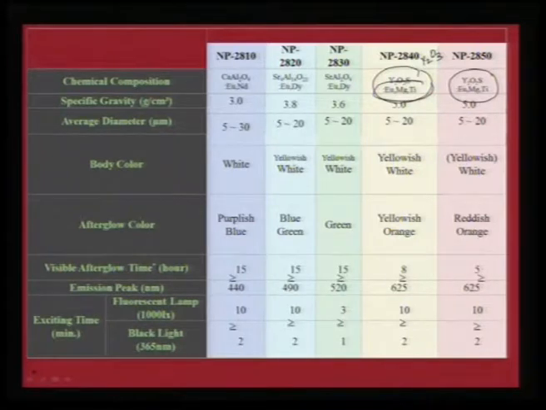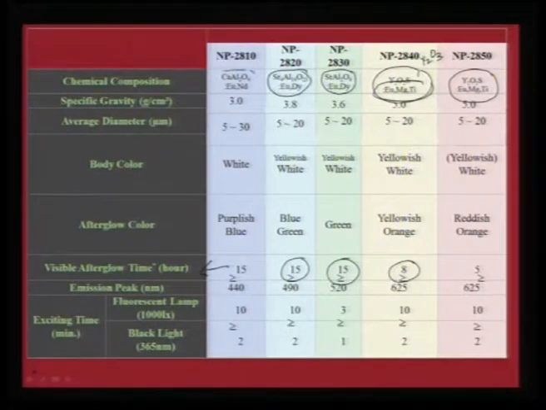And one thing that I would like to draw your attention to is the visible afterglow time in these phosphors. You can see they can radiate light for over 15 hours, and that is the speciality of this sort of phosphors.